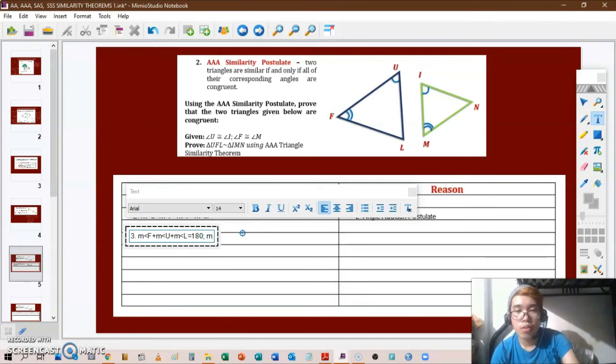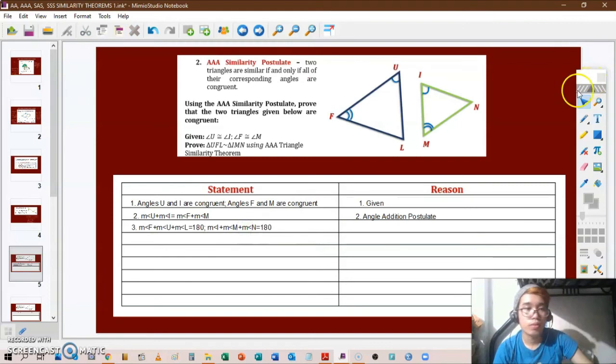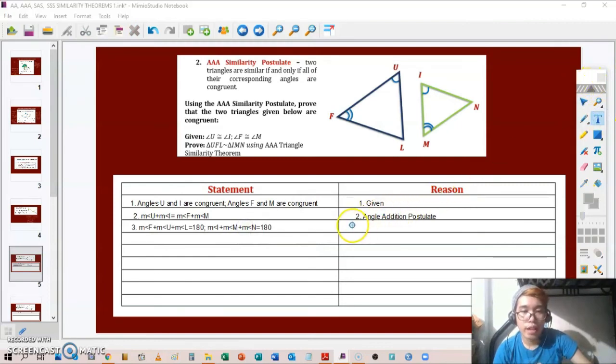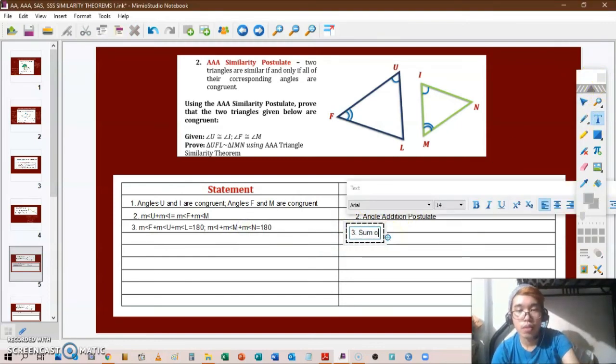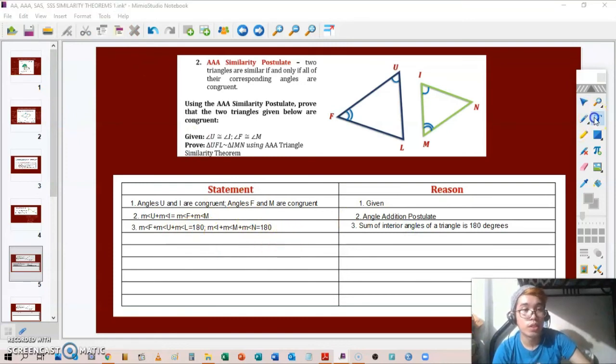And also the measure of angle I plus the measure of angle M plus the measure of angle N is also equal to 180 degrees. The reason for that is the sum of interior angles of a triangle is 180 degrees. And what we can see here is that 180 is equal to 180.